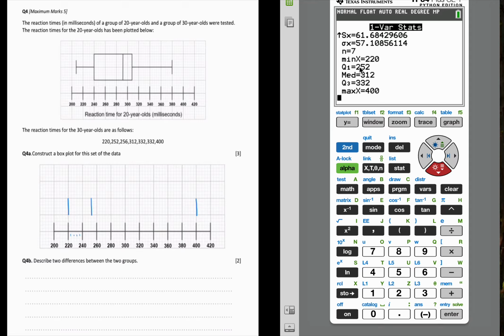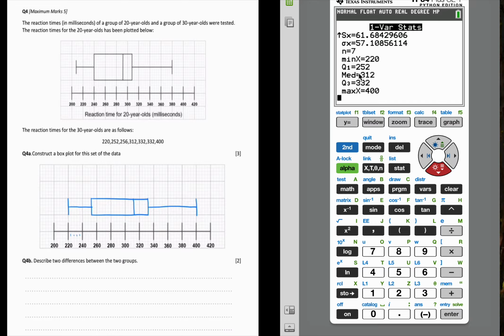And then we have 312. So 312 is this value here. And 332, which is this value here. And then if we connect those up, and you should be using a ruler in the exam, then we have our box plot.